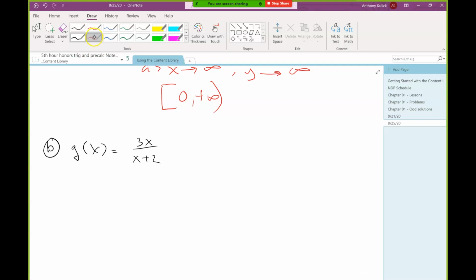So from your Algebra 4 class last year, we recognize this as a rational function. And we recognize this as one of the forms for a simple rational function, right?